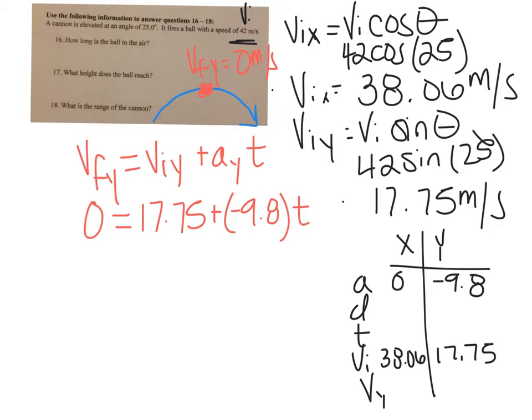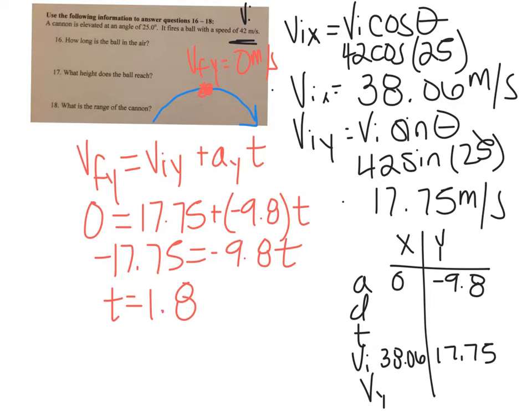When you solve from here, you want to bring the 17.75 to the other side by subtracting, because that's being added to the negative 9.8 times t. So this would be negative 17.75 equals negative 9.8 times time. Then you would divide both sides by the negative 9.8 to get t by itself, and that is going to give you t equals 1.8. So the time it takes to get to the very top is 1.8 seconds.